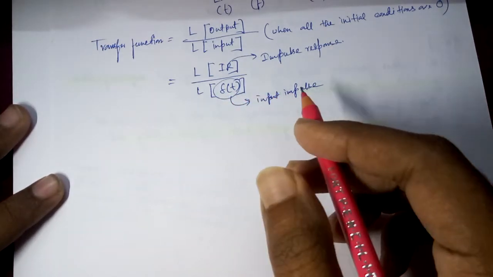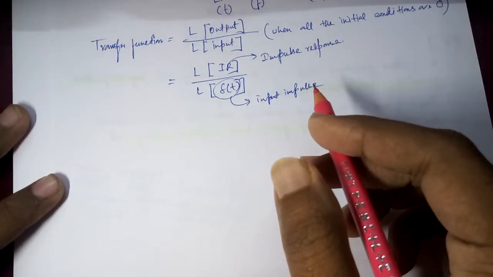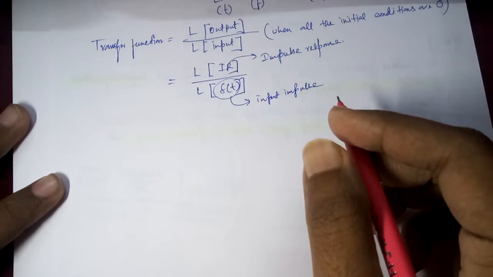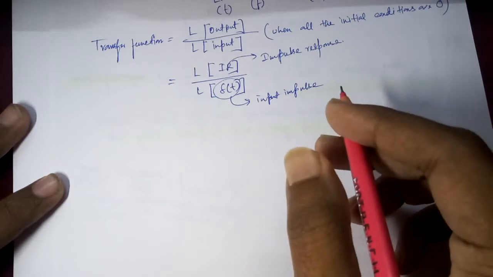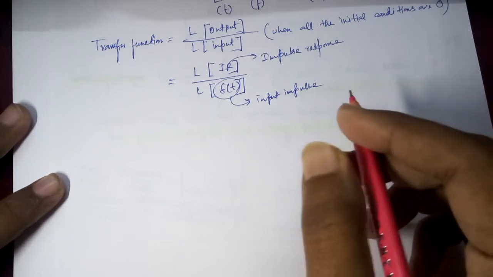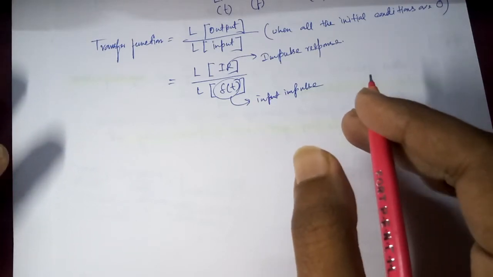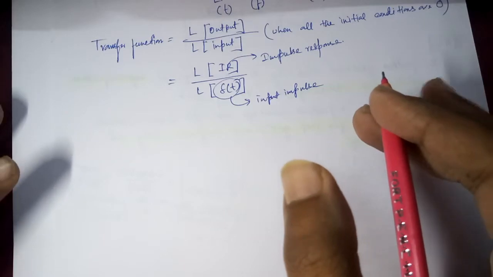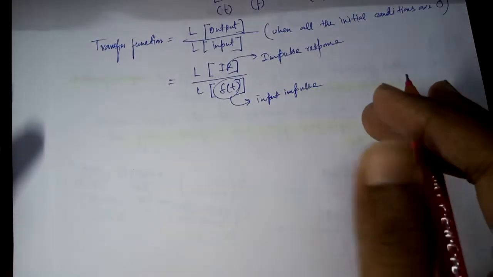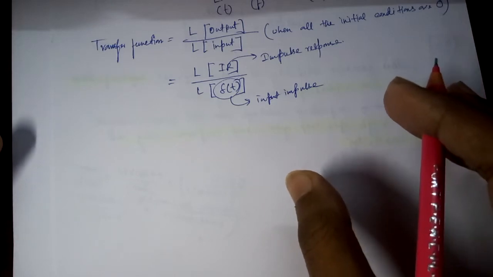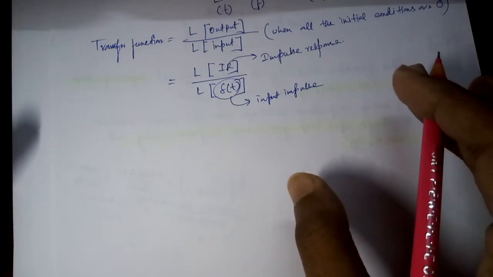Now, one more basic thing you have to understand in case of impulse or response. In case of response, you always have to remember that total response is the accumulated version of zero input response and zero state response.